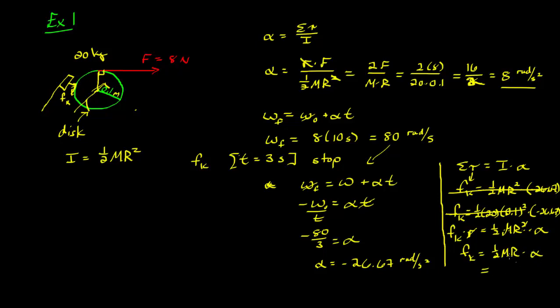Doing that, you're going to end up with 26.67, which happens to be our acceleration. So 26.67 is going to be your kinetic friction force. That has to do with the numbers that we chose, why it matches. That's not always true.